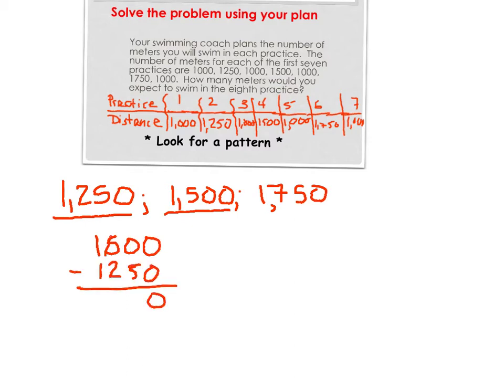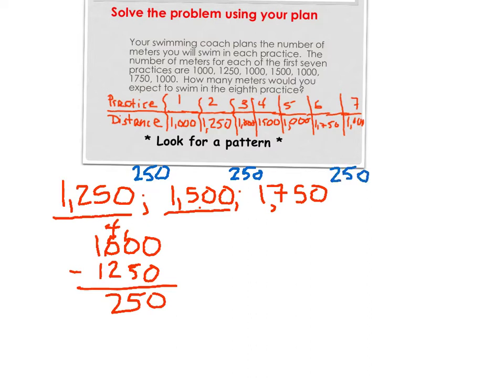And when I do that, I get 250 meters there, and then I notice that if I add 250 meters to 1,500, I get 1,750. So now I have found the pattern. Each time that I move to a different practice, I'm going to add 250 meters to the previous practice.